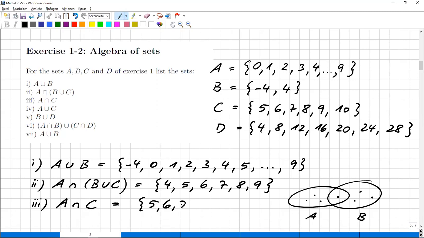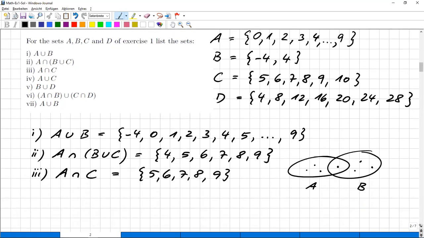Now let's speed up a bit because I find that you have perfectly understood everything. So A union C. So it seems we start out with 0, then when we reach the 5, we can just go on with the elements of C or take them from here.